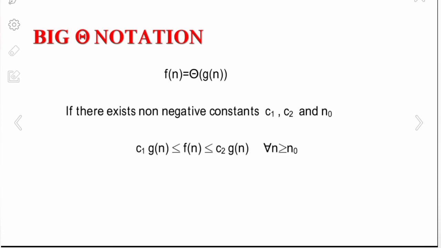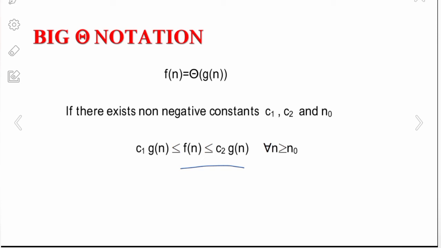So f of n equals theta of g of n if there exist non-negative constants c1, c2 and n naught, such that c1 g of n is less than or equal to f of n, which is less than or equal to c2 of g of n. So these are two non-negative constants.